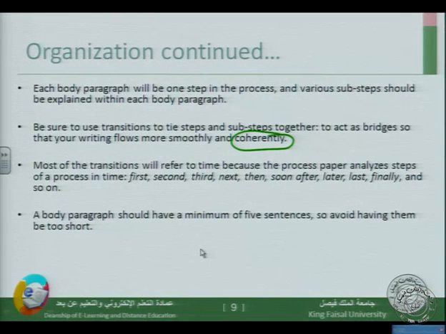Why? Because if you write three sentences, usually, not always, your paragraph is going to look weak. It's not convincing, not persuasive, and it doesn't attract your reader enough. So try to write a minimum of 5 sentences for each body paragraph.